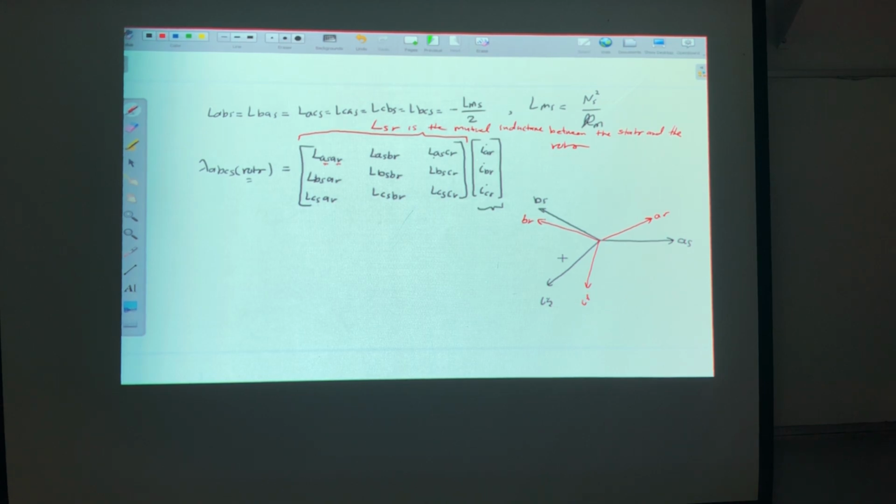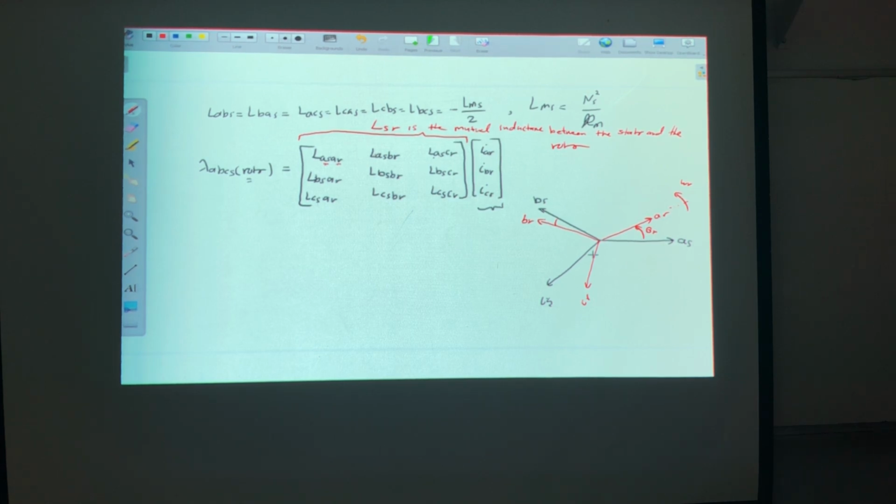Now remember, the rotor is rotating at which speed? Omega. So this will be theta, right? This angle is theta. The angle between AS and AR is theta. The angle between BS and BR is the same.